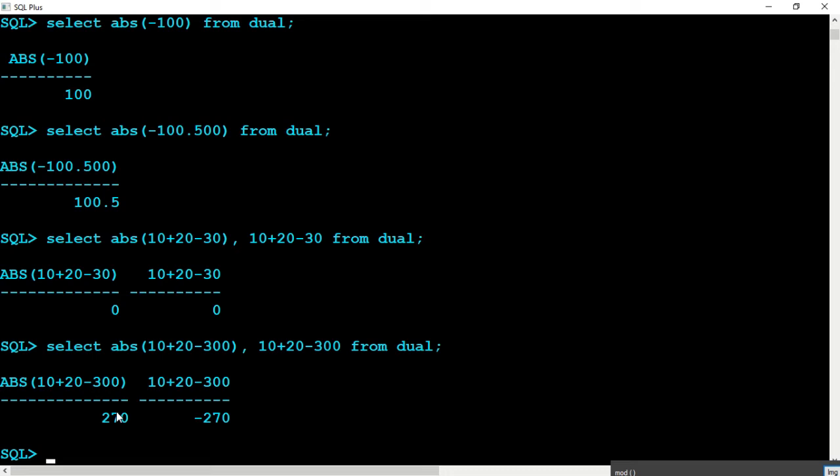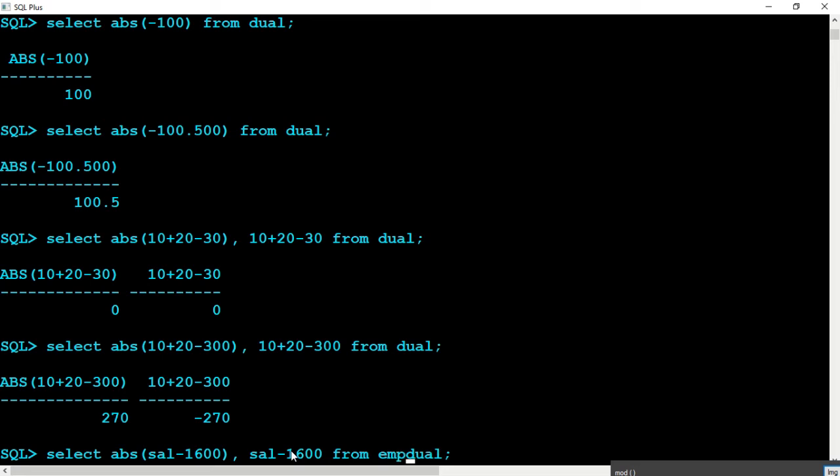So be positive. If I say absolute value of sal minus 1600, and here also sal minus 1600, and this sal is from EMP, not dual.